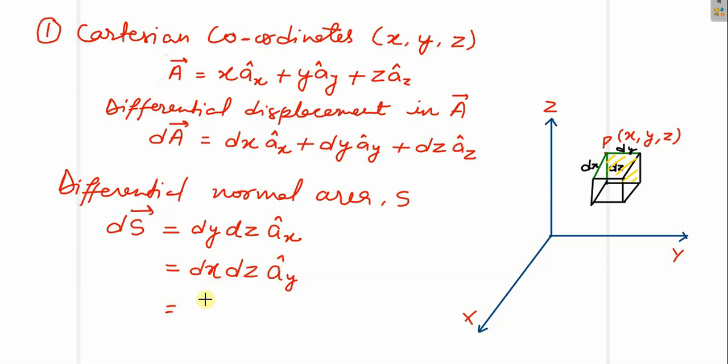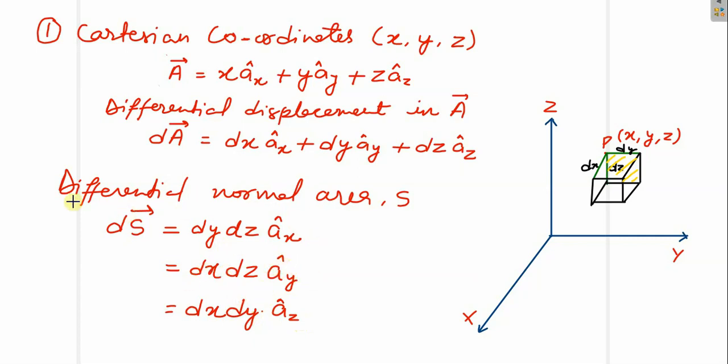And the third one, that is dx and dy, and the direction will be along the z-axis. So in this way we can represent the area.